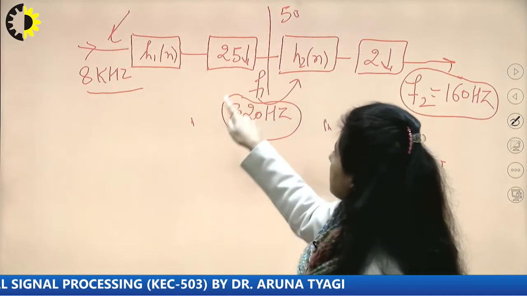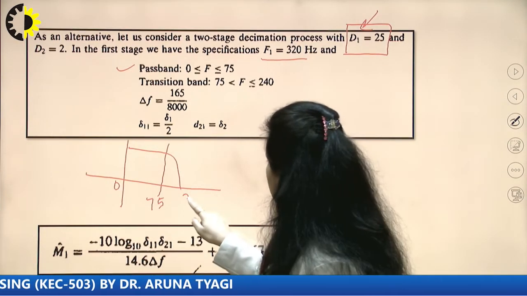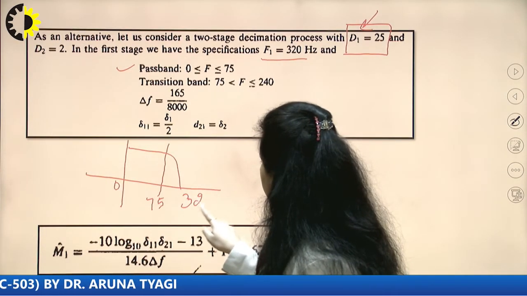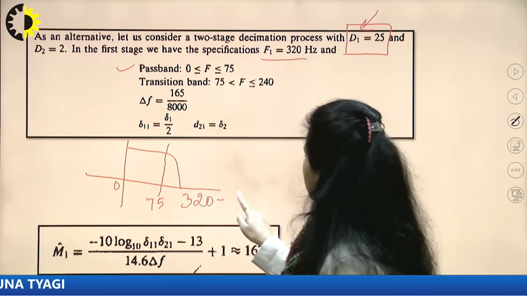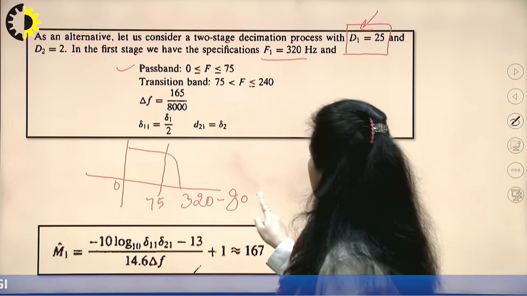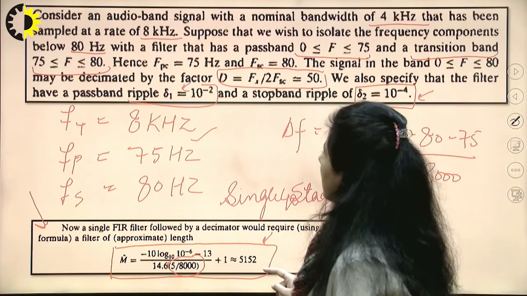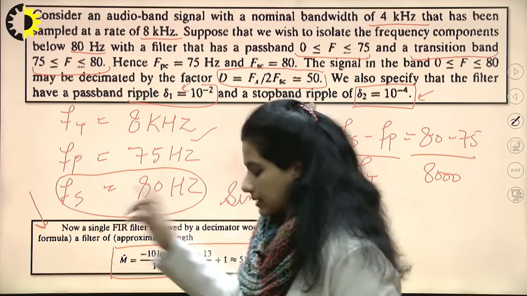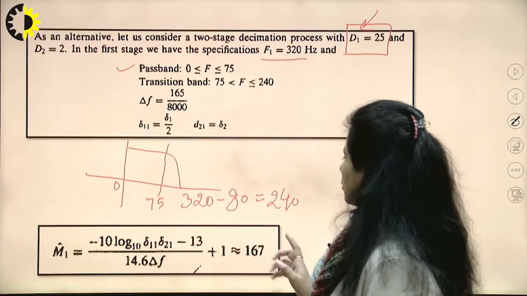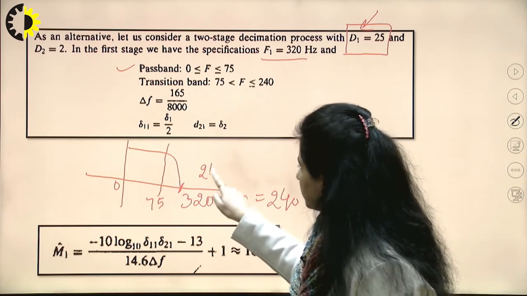Here the frequency is 320. So that edge frequency 320 has to be subtracted with 80, giving me 240. Why? Because the stop band edge frequency starts at 80 Hertz. So 320 minus 80 is 240.